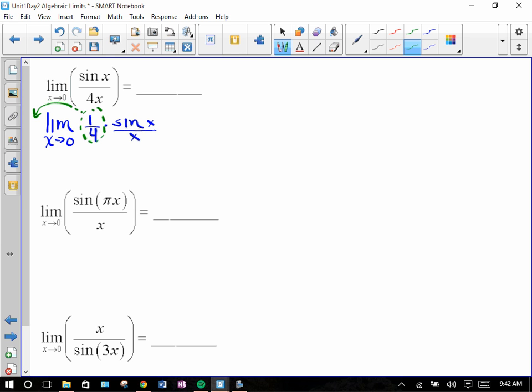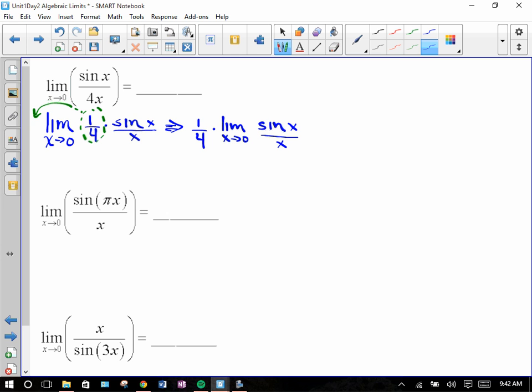So what I have is, this gives me 1/4 times the limit as x approaches 0 of sine x over x. Now, do we know what the limit of sine x over x is as x approaches 0? 1.